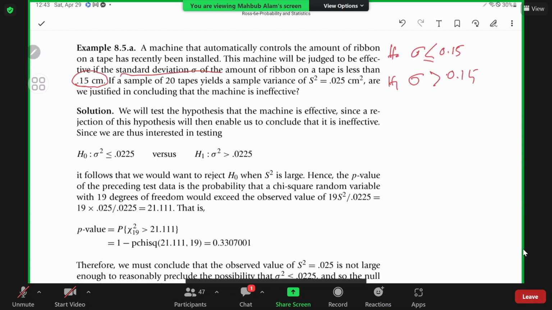Now the question is, at a significance level of say 0.05, whether you will accept or reject the null hypothesis. How can we do it?